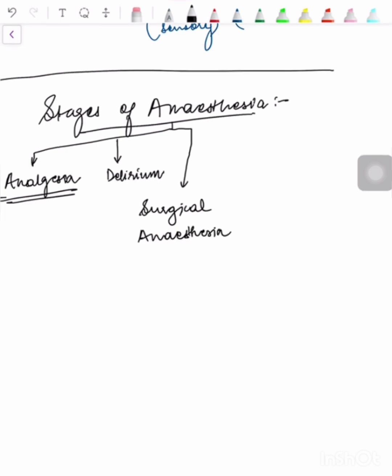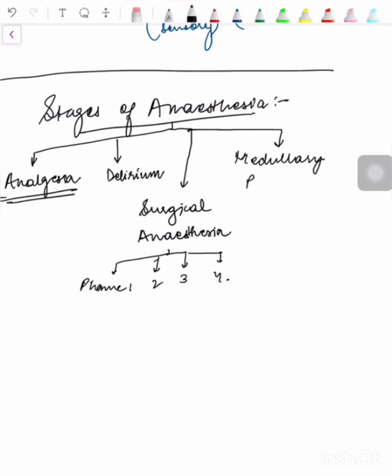Surgical anesthesia is again subdivided into 4 phases, that is plane 1, plane 2, plane 3, and plane 4. What happens in these phases we will discuss in length. And then finally there is the last stage, which is known as the stage of medullary paralysis.